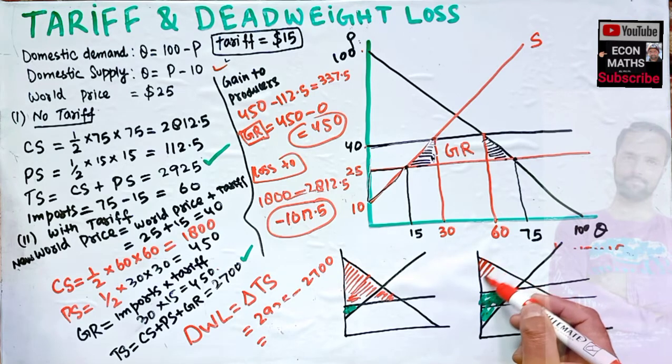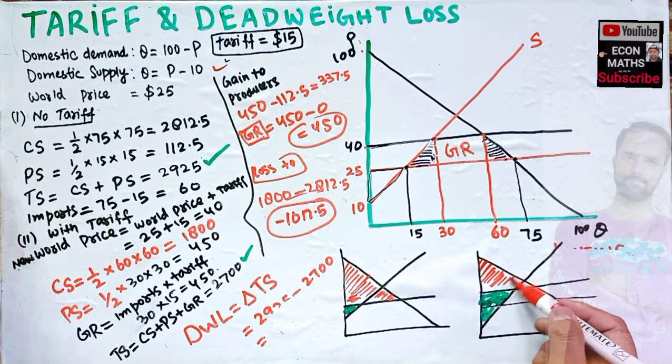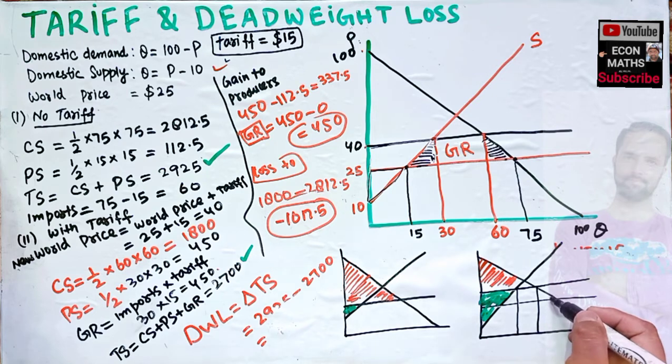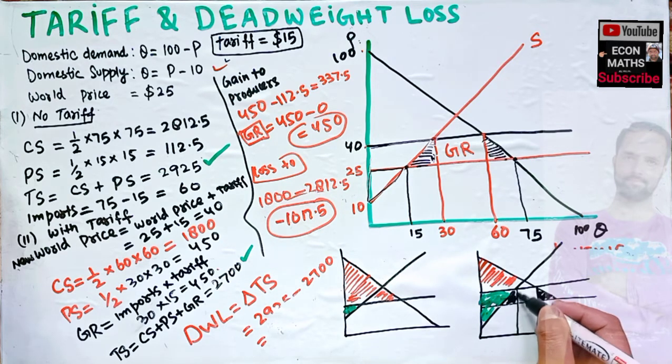Consumer surplus has decreased. Let us draw it like this, and these denote the deadweight loss.